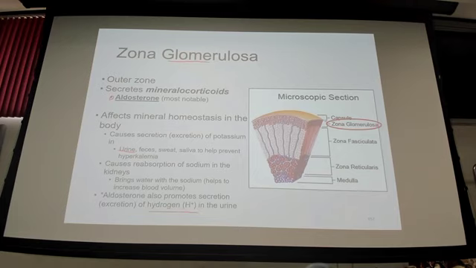This point right here causes resorption of the sodium in the kidneys, and also one of the ways, instead of just helping with vasoconstriction, it helps increase intravascular volume by reabsorbing sodium. And then sort of the colloquialism is that salt follows water. So sodium reabsorption will bring water in through various channels.